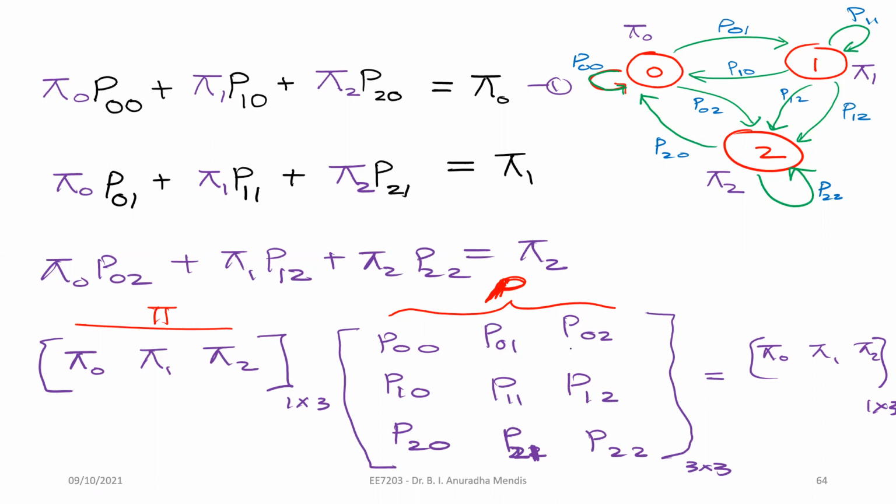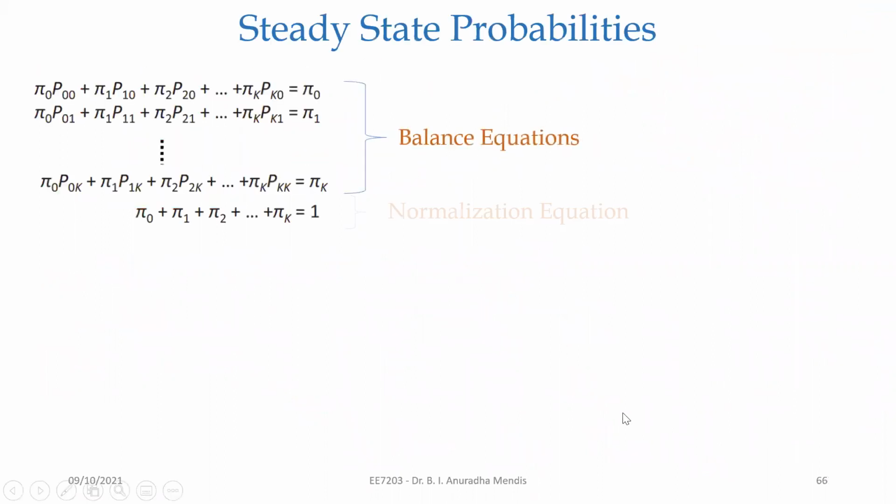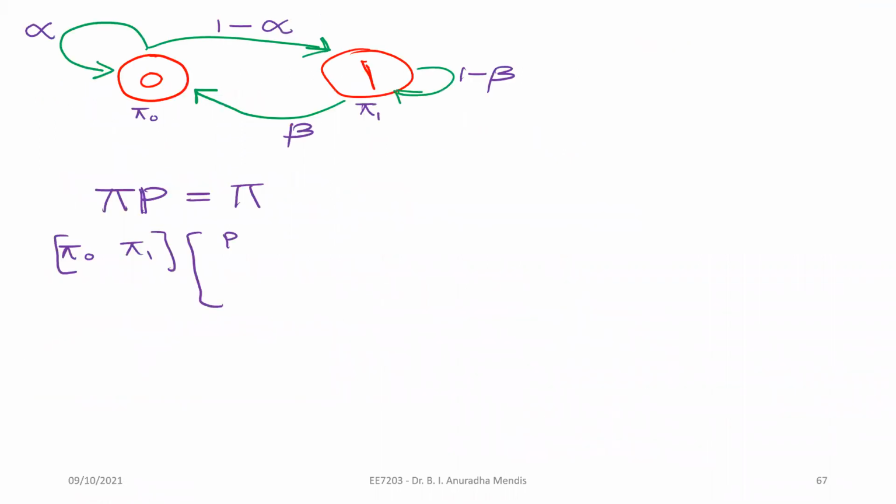But when you arrange it like that, this matrix P has a very familiar format. It is the transition probability matrix, nothing else. You can see 0 to 0, 0 to 1, 0 to 2, 1 to 0, 1 to 1, 1 to 2, 2 to 0, 2 to 1, and 2 to 2. So this is very clear. That is the transition probability matrix.